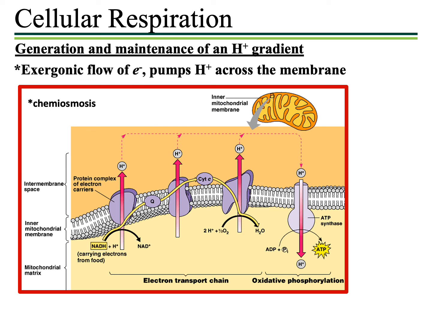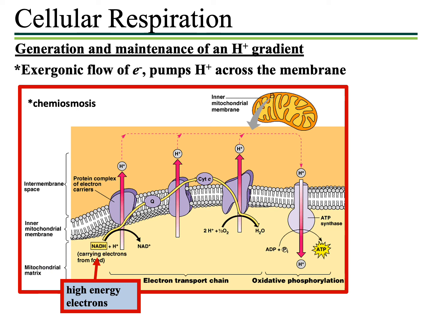And it is this process that is referred to as chemiosmosis. Chemiosmosis is the ability of certain membranes to use chemical energy to pump hydrogen ions and harness the energy to do work. In this case, the work is to synthesize ATP. So I've highlighted for you where NADH enters the pathway, and on the next slide I will show you where FADH2 enters the pathway.